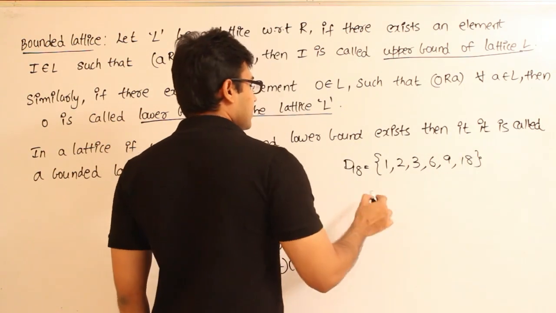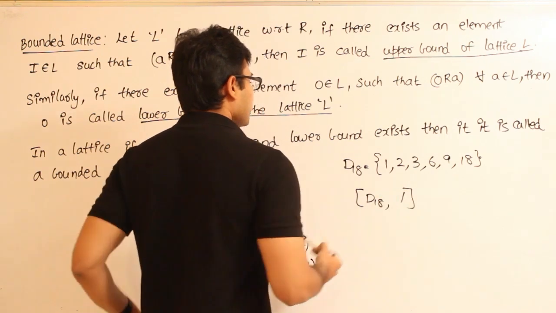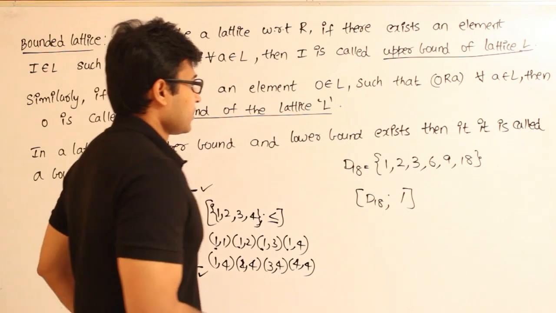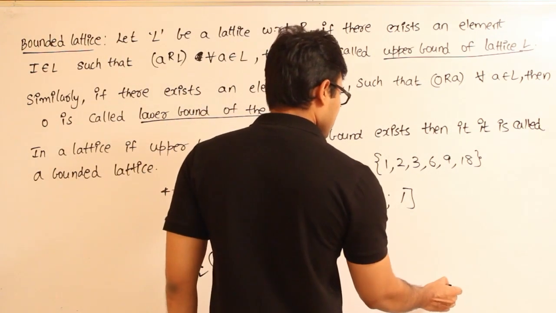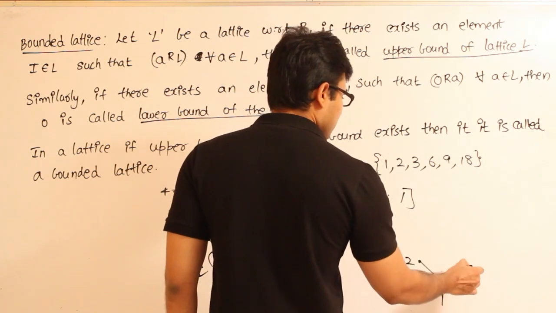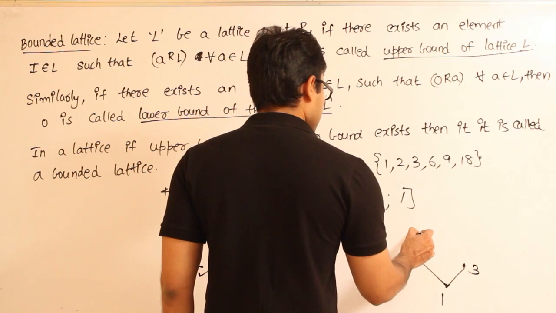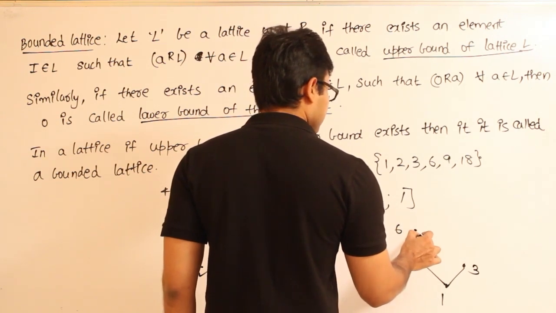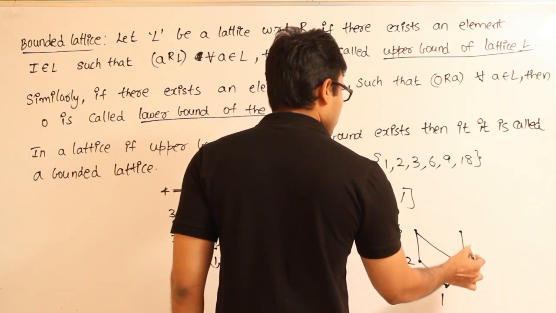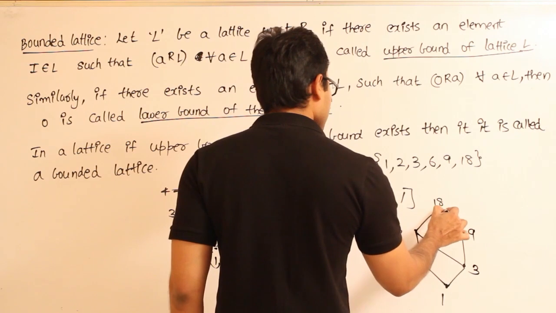In the lattice diagram of D18 under divides, 1 is going to be here, 2 here, 3 here, 6 here, 9 here, and then 18 here.